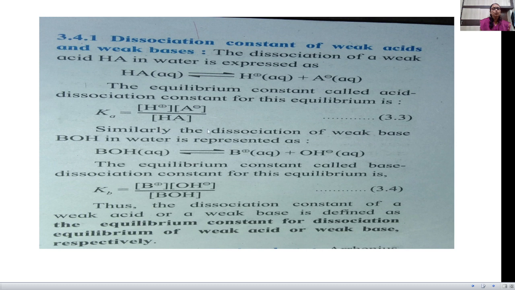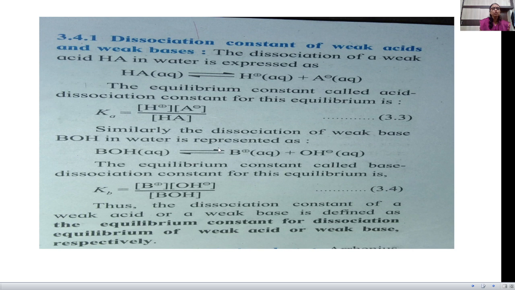Similarly, the dissociation of weak base BOH in water is represented as follows. BOH dissociates as B+ and OH- ions in aqueous solution. As it is a weak base, it dissociates to a small extent and hence there is a reversible arrow.